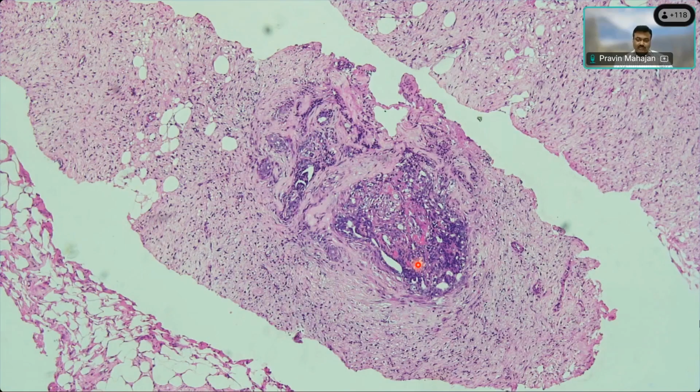If it is high grade, you'll have enlarged nuclei with nucleoli. Low grade will not have nucleoli, but the cells will look similar to each other, the monomorphism. That's how we say DCIS versus just a ductal hyperplasia.